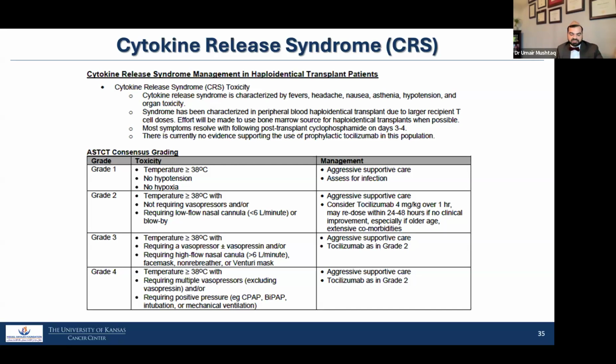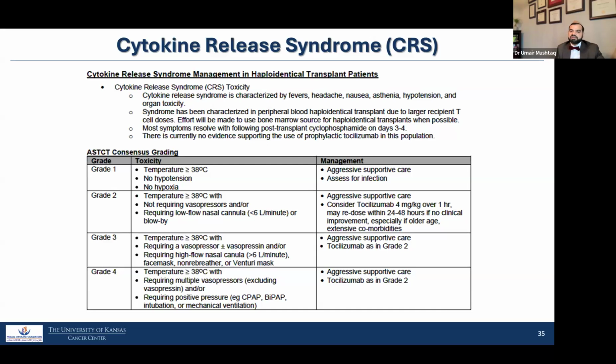If it is grade 1, there is no need to do anything else. You still cover for infections and do supportive care. Grade 1 is fever. Grade 2 is if you have hypoxia or hypotension in addition to fever. Grade 3 is more ICU need, and grade 4 is essentially on ventilation.